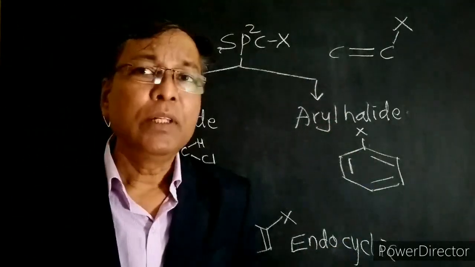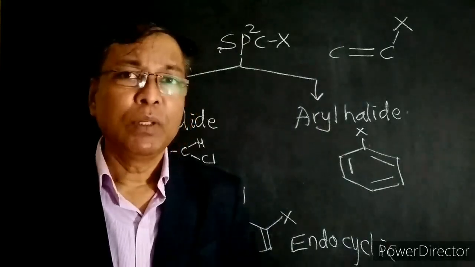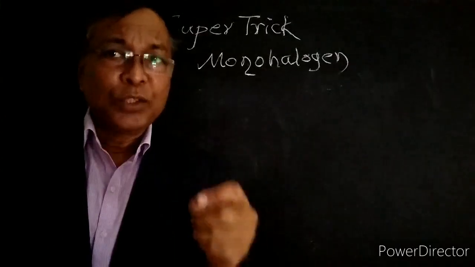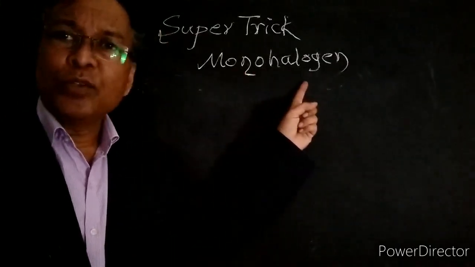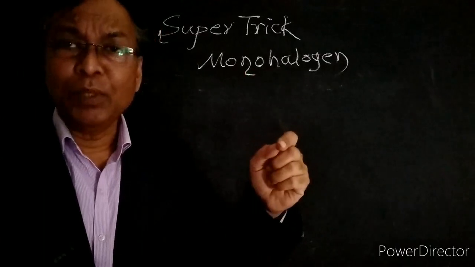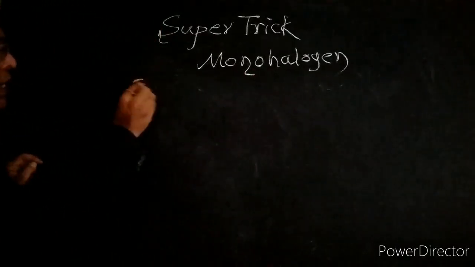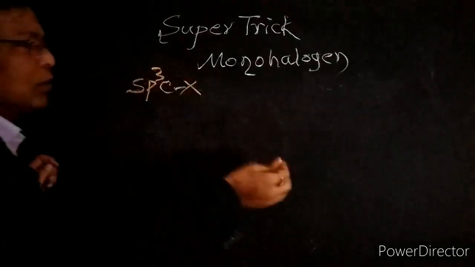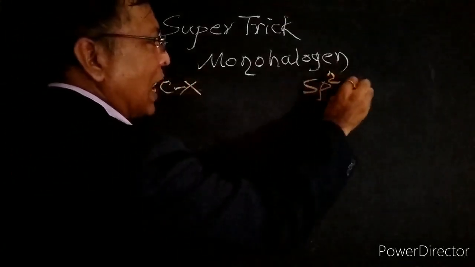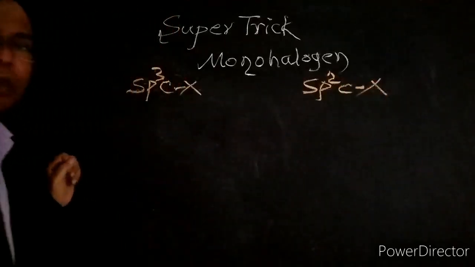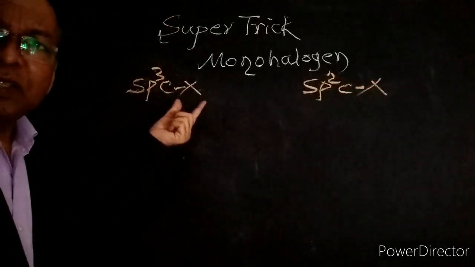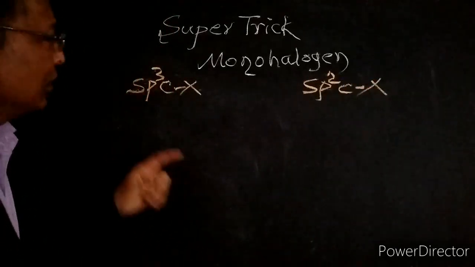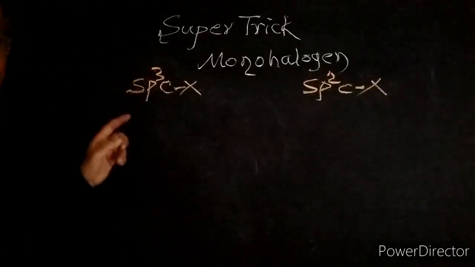Now I will give you some important tricks which will be very useful to understand this topic. Now I give you a super trick. In a monohalogen derivative, the halogen atom is either attached to an sp3 hybridized carbon atom or to an sp2 hybridized carbon atom. When the halogen atom is attached to an sp3 hybridized carbon atom, for the time being you remember that this 3 indicates 3 types.